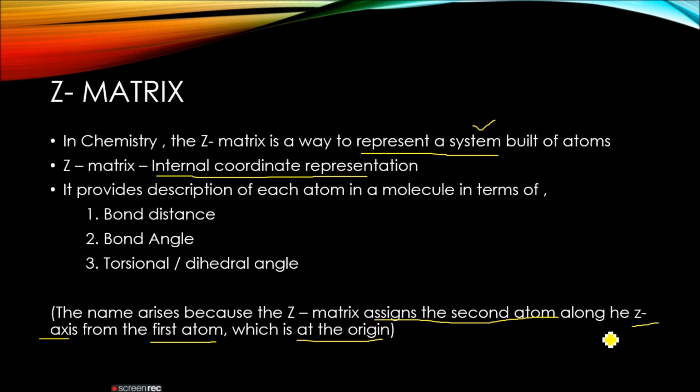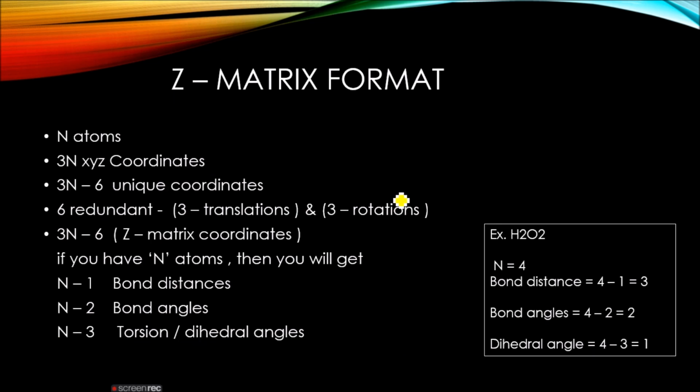We have a format for the Z matrix. In your software, if you do molecular modeling, your Z matrix will be represented in that particular format only. Suppose you have n atoms. You know that it has 3n degrees of freedom, the X, Y and Z coordinates for each atom.